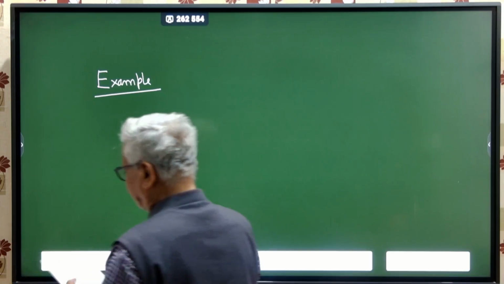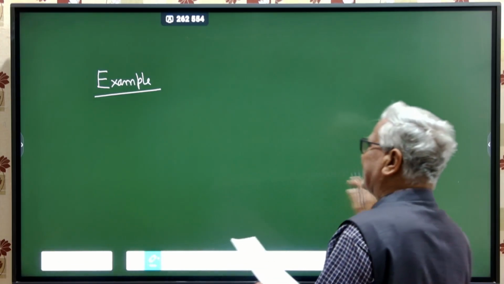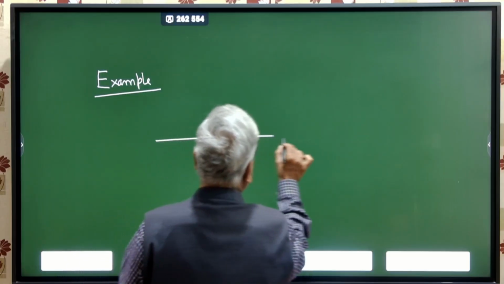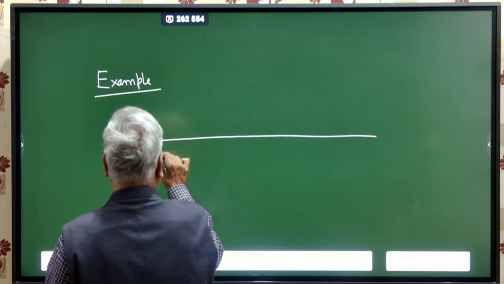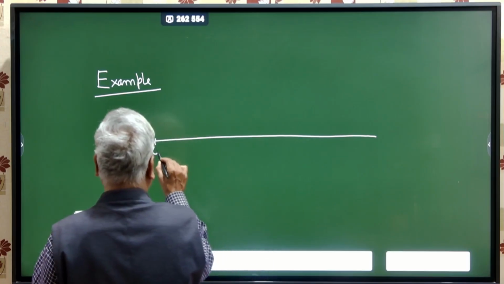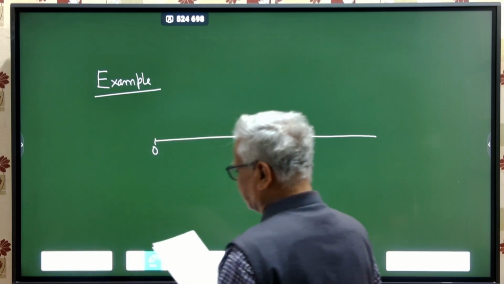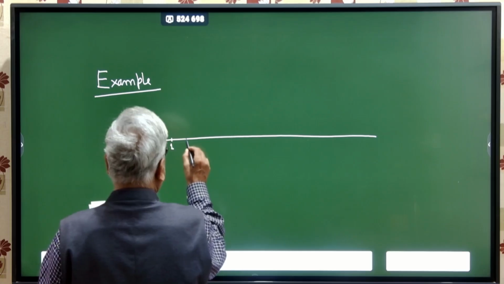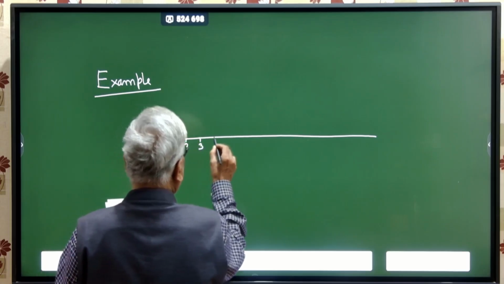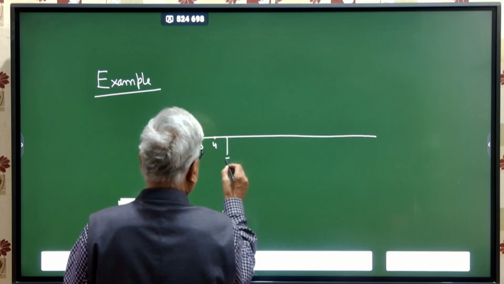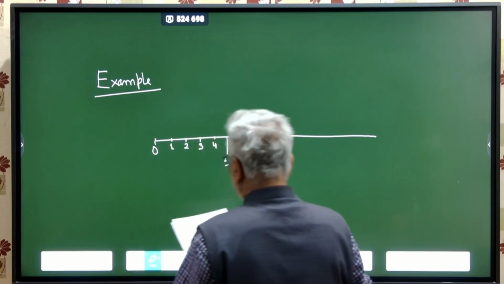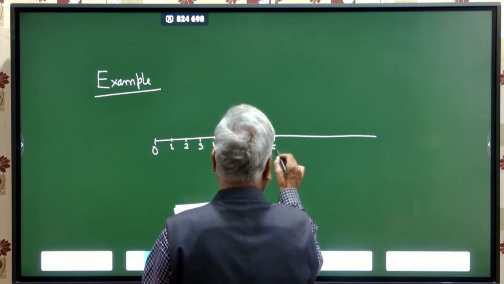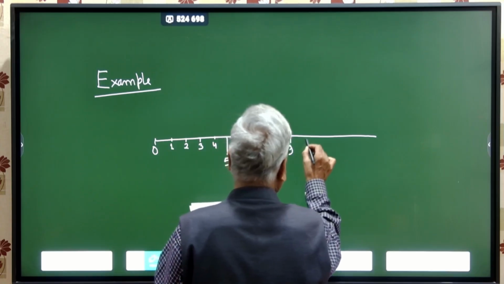Suppose I have drawn a number line. It starts from 0 as I have mentioned on the line, then 1, 2, 3, 4, 5, then 6, 7, 8, 9 and 10.